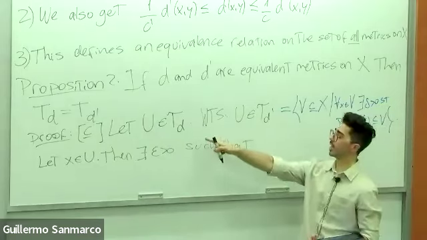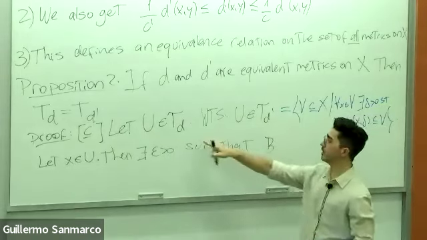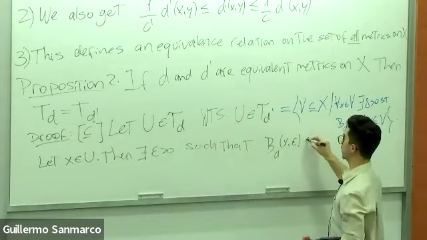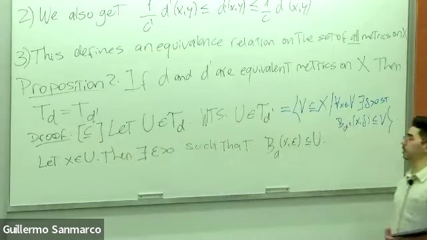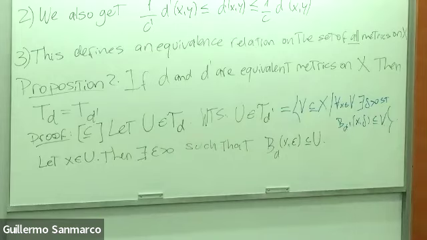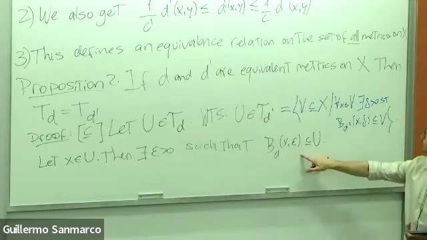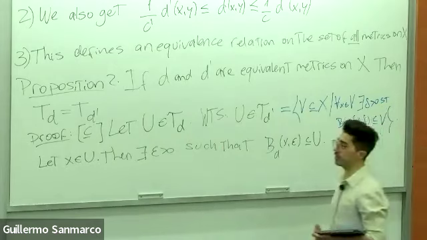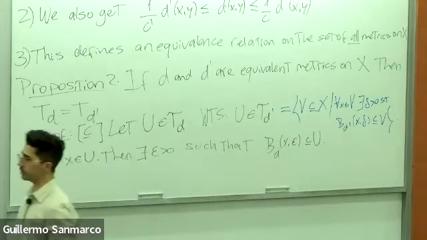There exists an epsilon such that the entire D ball centered at x of radius epsilon is inside that set U. But we want to show that for some possibly different radius, the D prime ball centered at x is included in U. And of course, we're just going to use this.